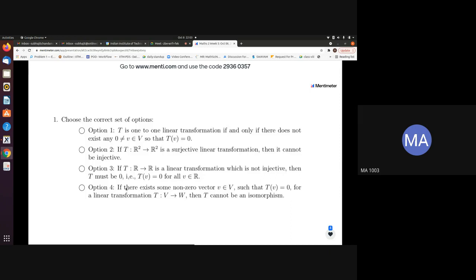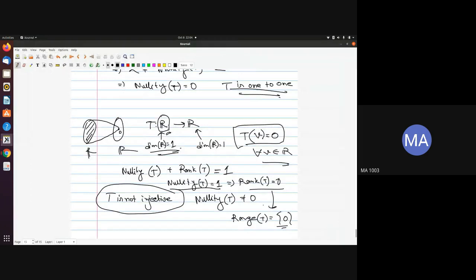What do you think? So you have not understood what I have explained, right? Fine. Not injective means what? Not injective means nullity is non-zero, right? So what is the maximum possible nullity here? What are the options for nullity? Can you tell me?